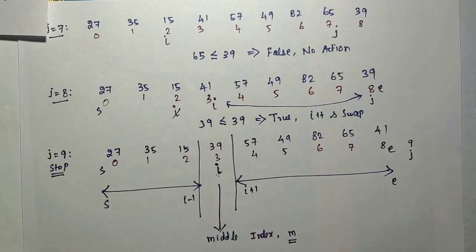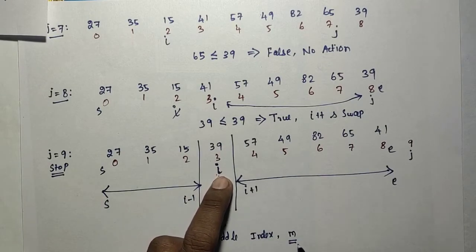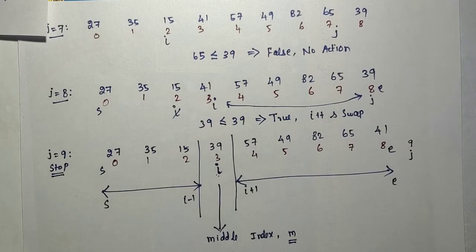The mth position, that is the index of the middle, i only will be returned as m. So that m is sorted, the ith element is sorted now. So this partition algorithm is going to return the index of the middle element. Correct? So how can we design that algorithm now.